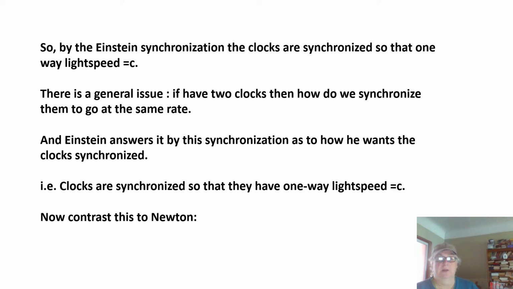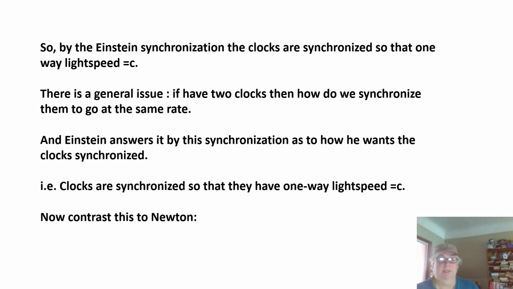So by the Einstein synchronization, the clocks are synchronized so that one-way light speed equals c. There is a general issue: if we have two clocks, how do we synchronize them to get the same rate? Einstein answers it by this synchronization, so that clocks have one-way light speed equal to c.